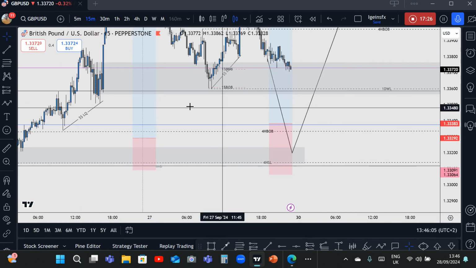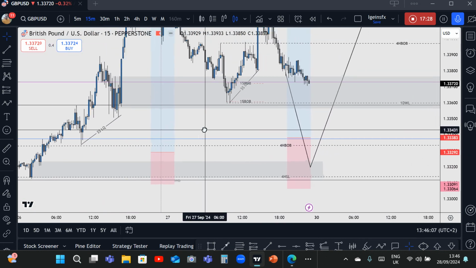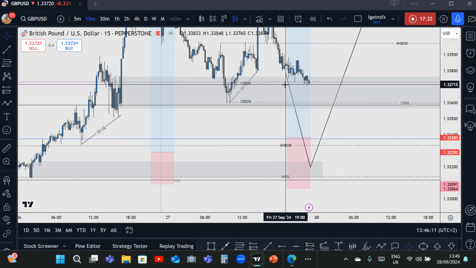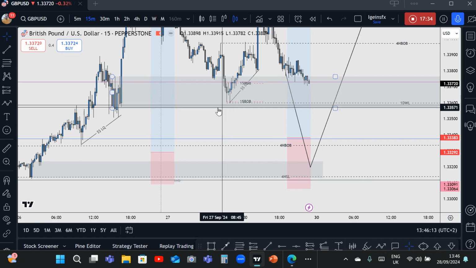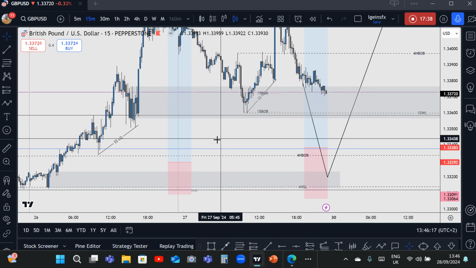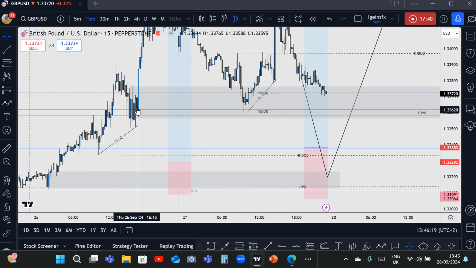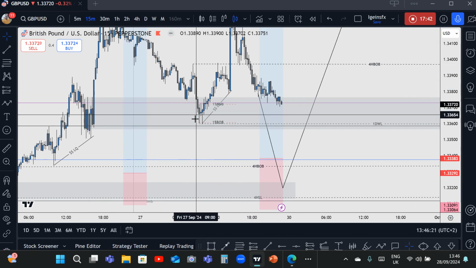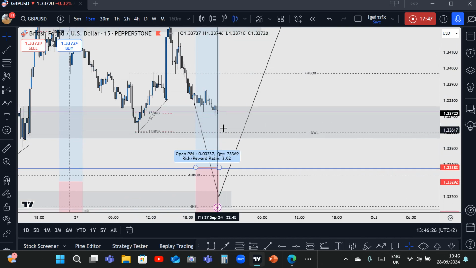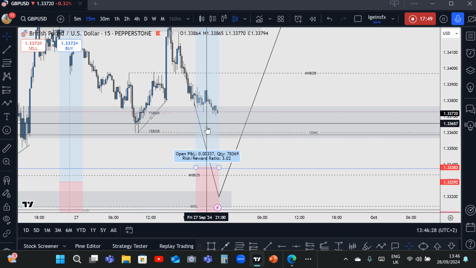But all things being equal, I want you guys to put an eye on this level, because it's also a support level. It's a valid support level. Why? Because price has touched this place once, touched this place a second time and bounced, and this is the third time that price is coming to this level.